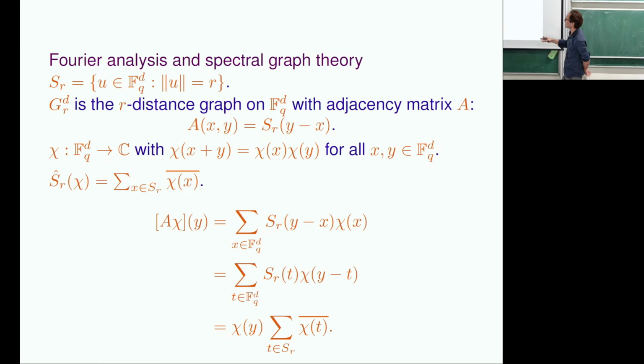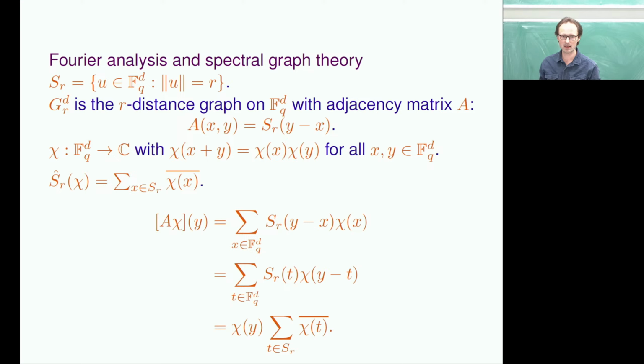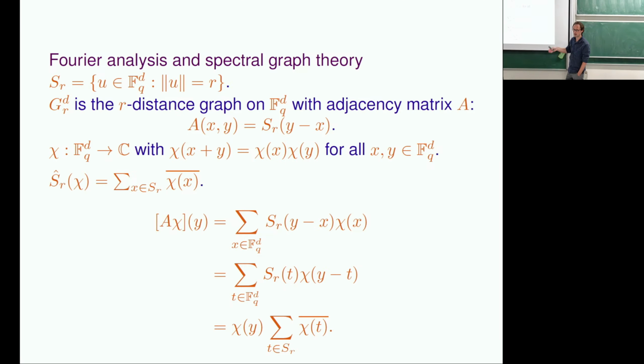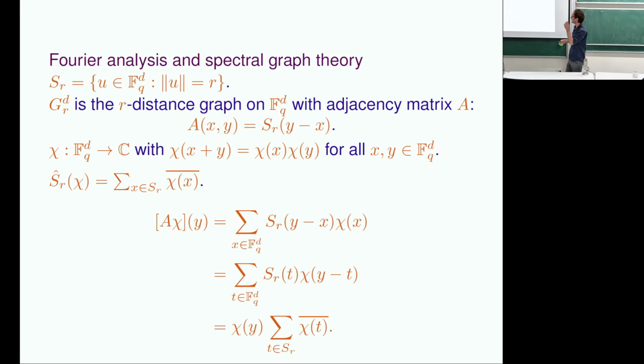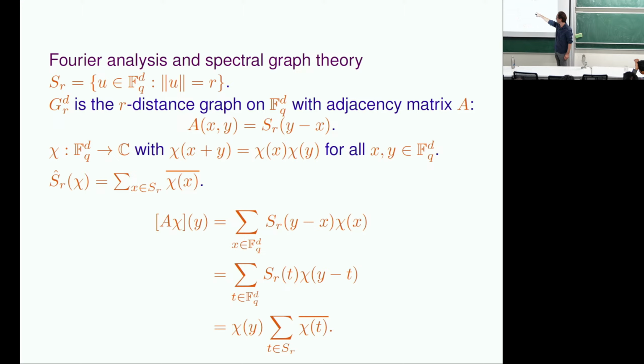Okay, so now A is a matrix whose elements are indexed by pairs of points in Fq to the d. Chi is a function from Fq to the d to the complex numbers, so we can write it as a column vector, and so we can multiply them and say what happens if you take the product of A with chi. This is just writing out matrix multiplication.